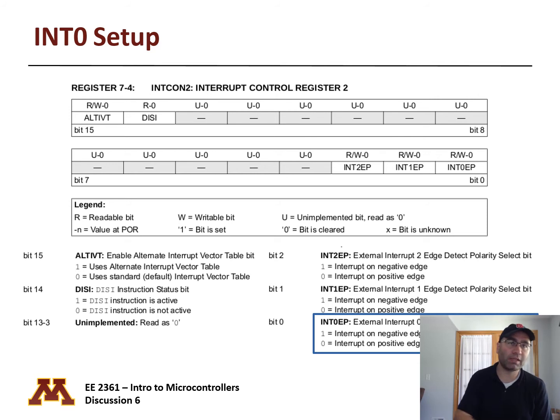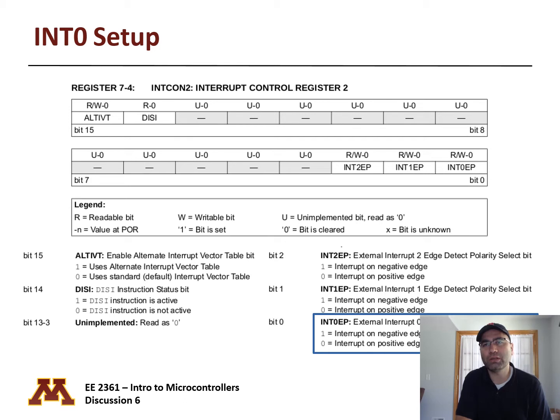Here's the external interrupt 0 edge detect polarity bit. I want to correct myself here. You have two options. You can either detect the rising edge or the falling edge.